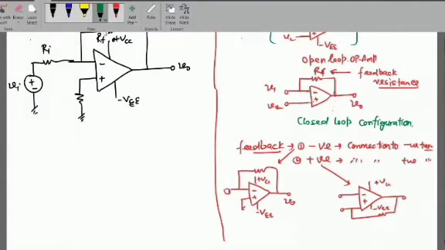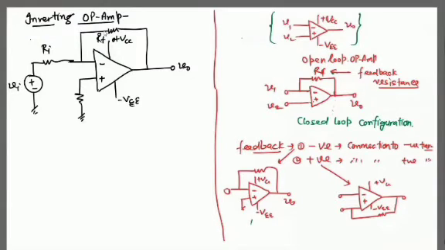If we talk about negative feedback, then this circuit is called an amplifier. And if we apply positive feedback, then this circuit is known as an oscillator.